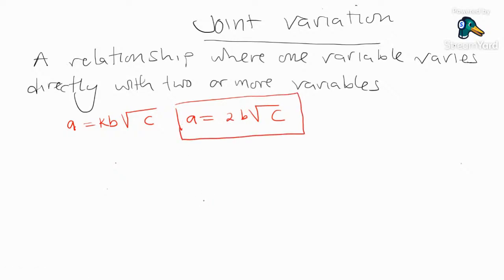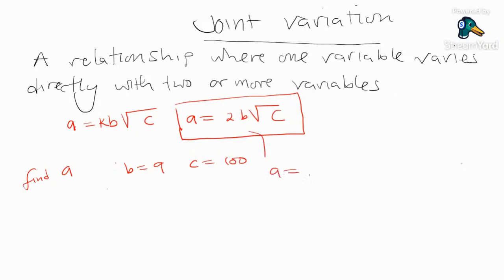So the next question is find A when B is equal to 9 and of course C is equal to 100. Let us find A. So to find A, we are going to use this one.